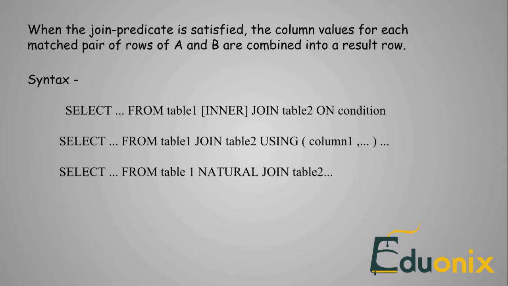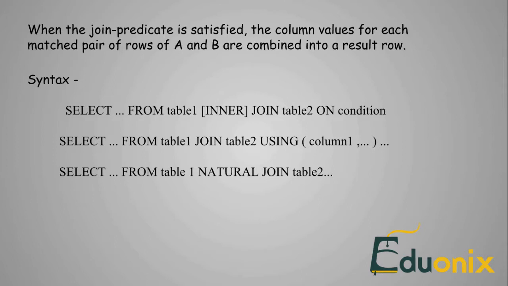There are multiple ways of using the natural join, or you may say multiple ways of using the inner join. You can also write select from table 1 directly mentioning the keyword join on table 2, and you can use the using keyword and specify the column name. Again, there is a third way also. Select from table 1 natural join directly on table 2. It will check the matching parameters and then perform the join.